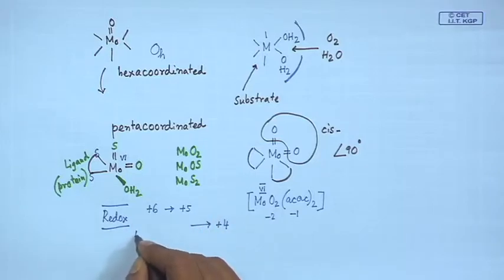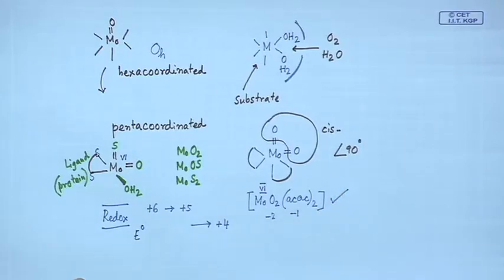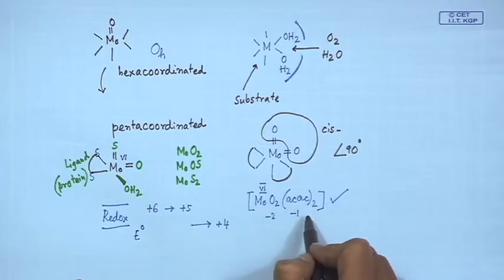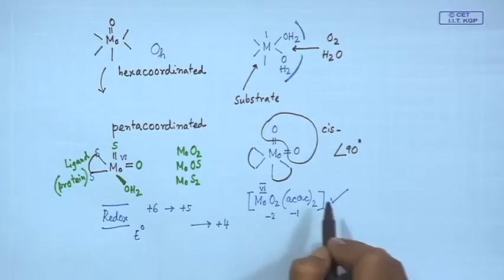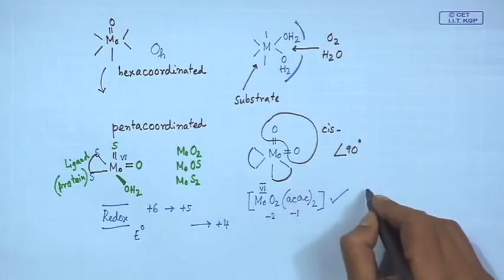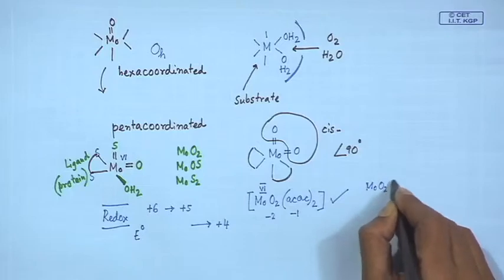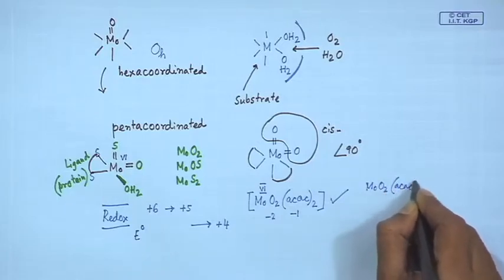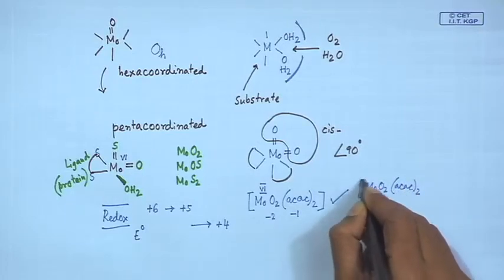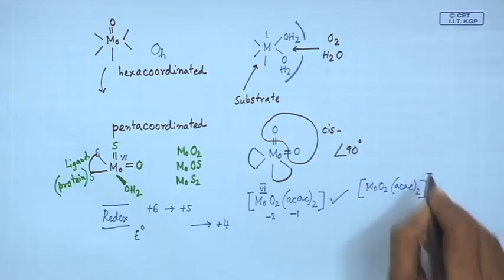So, if we know the redox pattern of this synthetically prepared molecule in the laboratory, whether MoO2(acac)2 is electrochemically reactive or not, that means we want to produce the species MoO2(acac)2 in the 1 minus form.